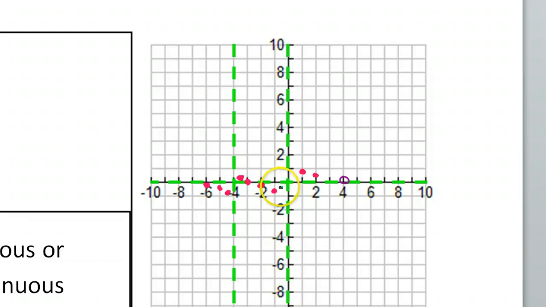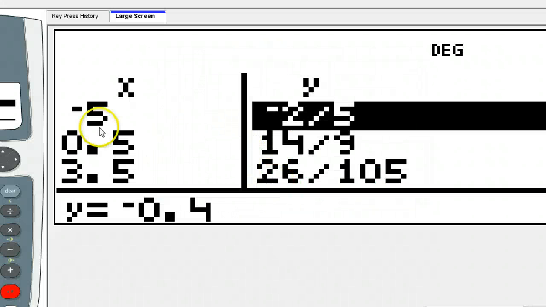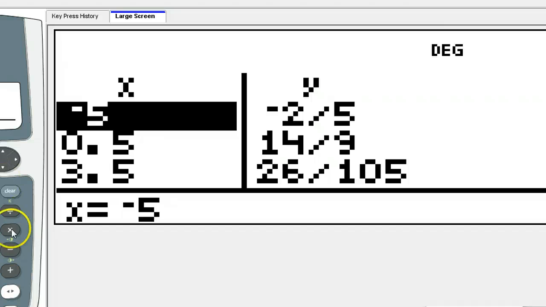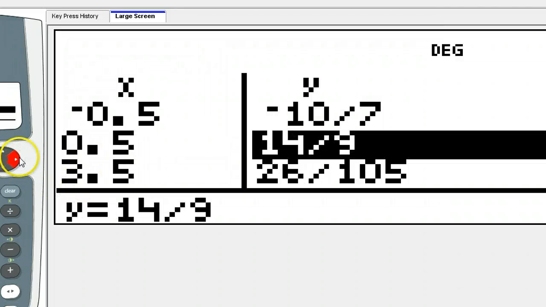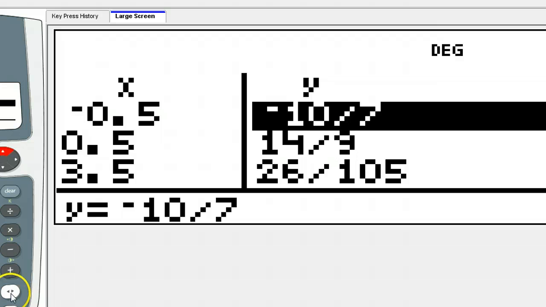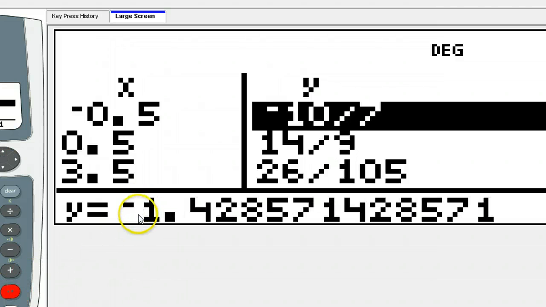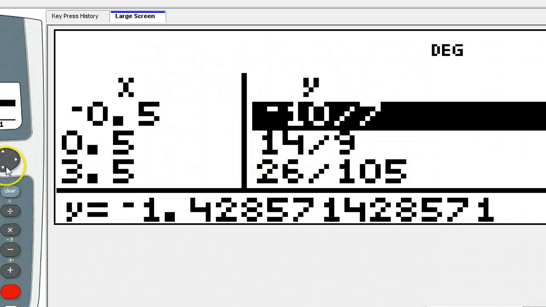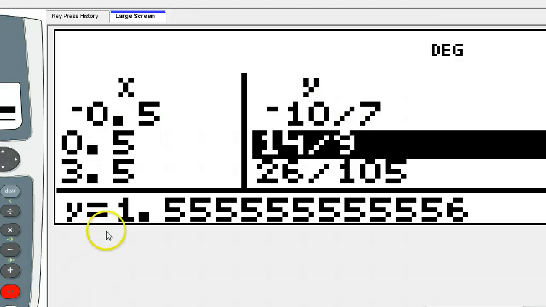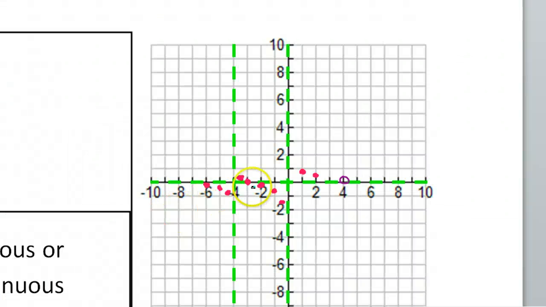Alright, at negative 0.5, oh, that's negative 5. That's a problem. Negative 0.5. That's what I meant to say. Okay, that makes more sense. Alright, so that's negative 1.4. Okay, so here's negative 1, negative 1.4 would be right about here. How about positive 0.5? Okay, that's 1.6. So positive 0.5, I have 1.6.